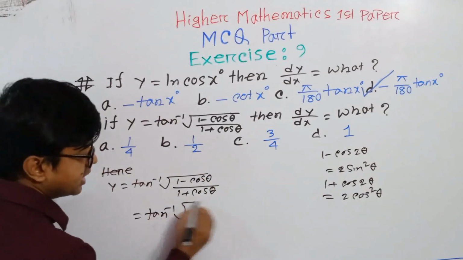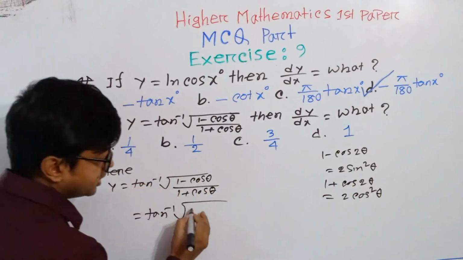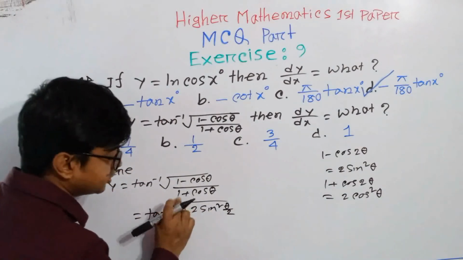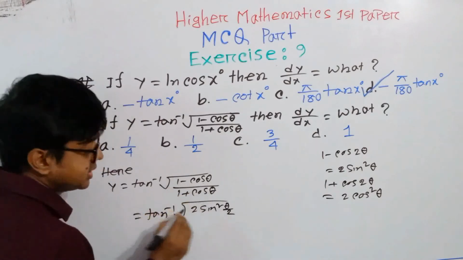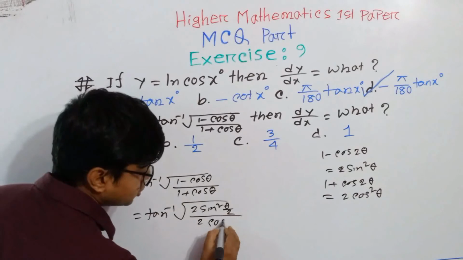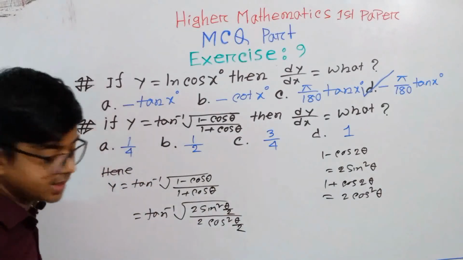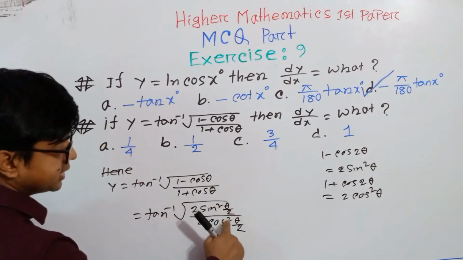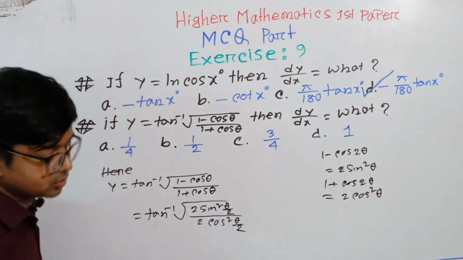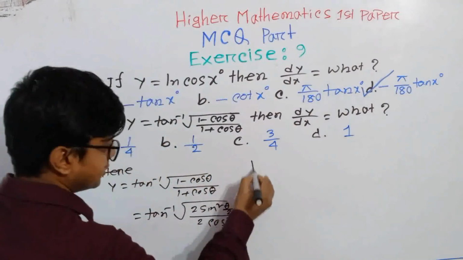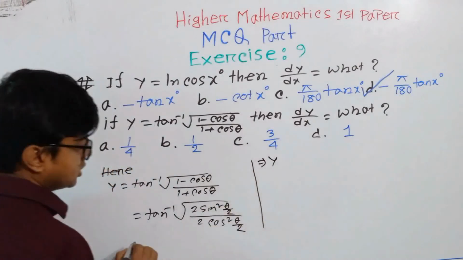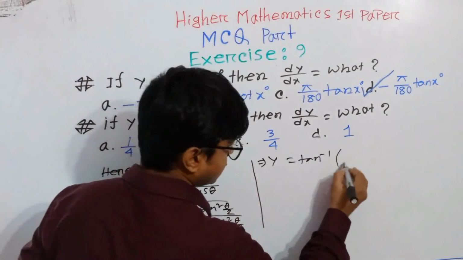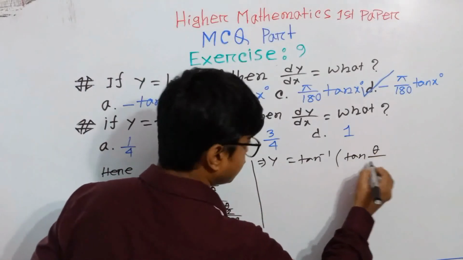In the tan inverse, 1 minus cos theta becomes 2 sine square theta by 2, and 1 plus cos theta becomes 2 cos square theta by 2. The 2 and 2 will be cancelled, and the square root and square will be cancelled, so we can write y equals tan inverse of tan theta by 2.